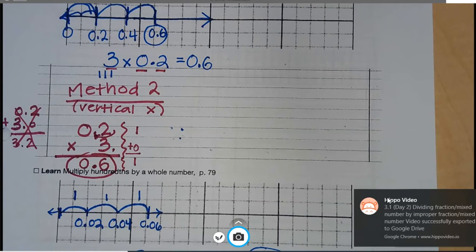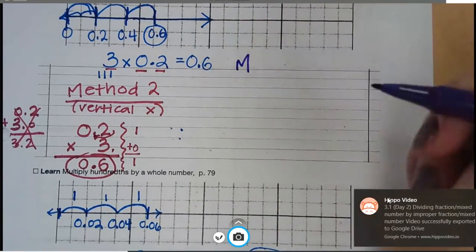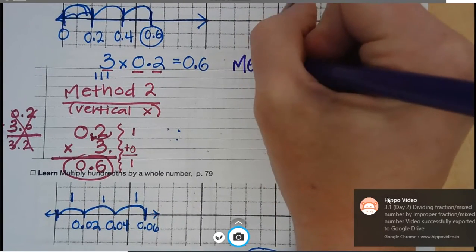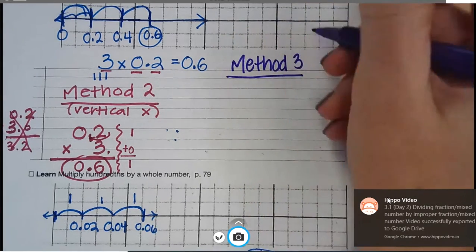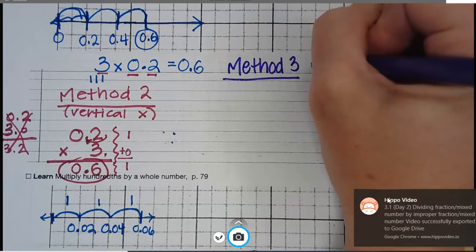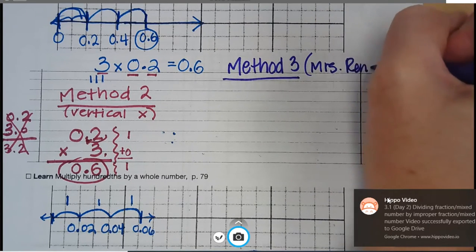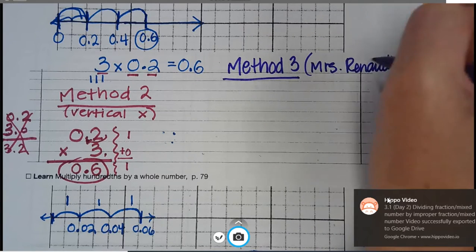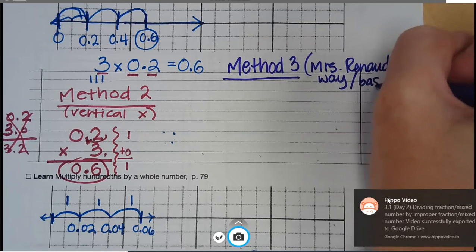Okay, now we're going to move on to method number 3. And this is Reno's way. You can also call it using base facts. Okay, so same problem.